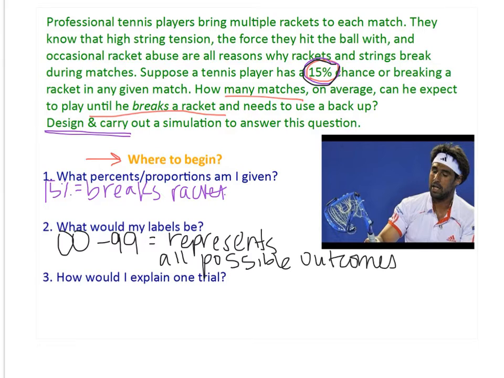If I think about percentages, I go up to 100%. So I start at 0% to 100%. So I need 100 labels, and 00 to 99 are 100 labels where I count 2 digits at a time, and each of my 2-digit pairs is going to represent a possible outcome. And step 3 is, how would I explain one trial? And we're going to get more into that.